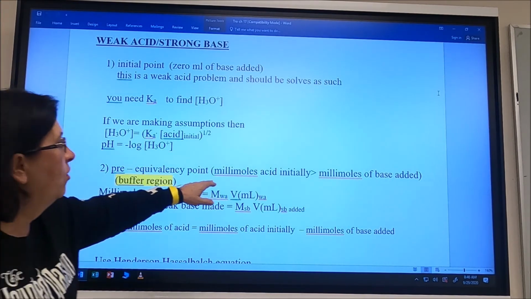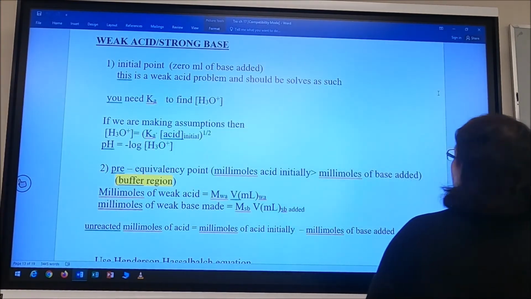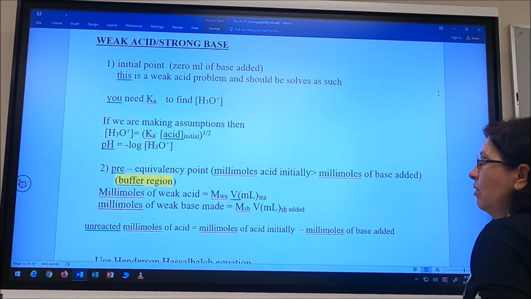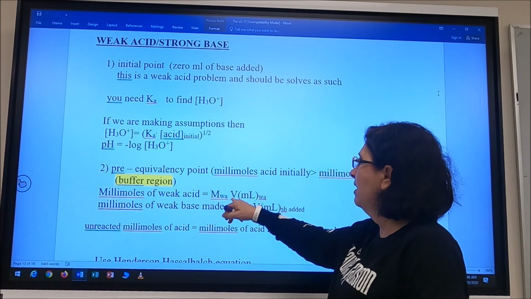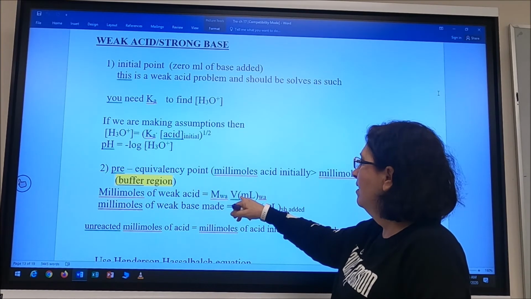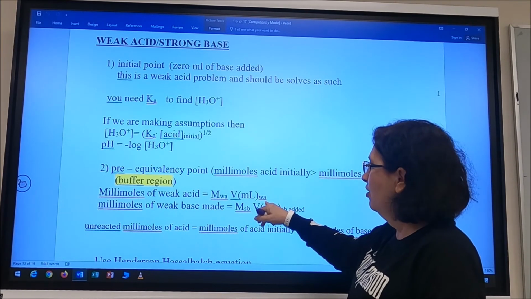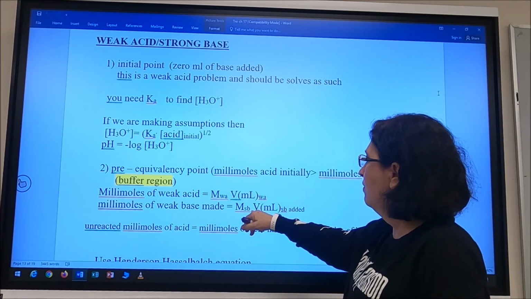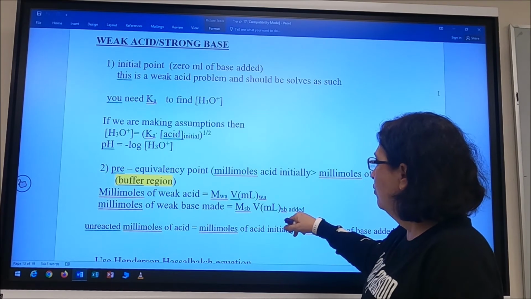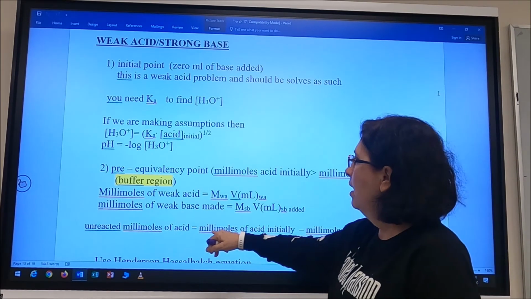Pre-equivalency point, millimoles of acid initially is greater than millimoles of base added. We're in the buffer region. The millimoles of weak acid is going to be molarity of the acid times volume of acid initially. Millimoles of base added is the molarity of the strong base times the volume of the strong base added.